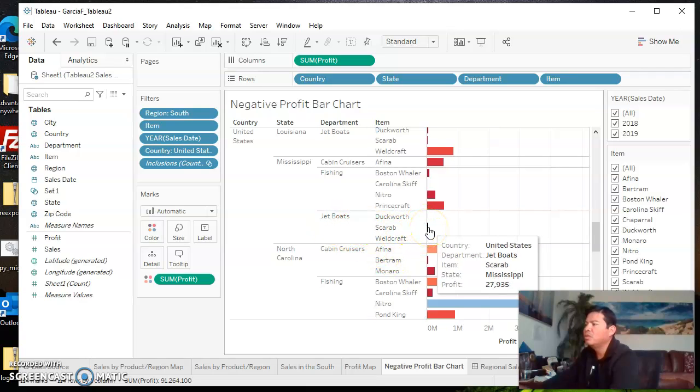This is a total of 27,000 profit, or 28,000, which is not much. Definitely we can save some money here by not trying to sell products that people are not going to buy.